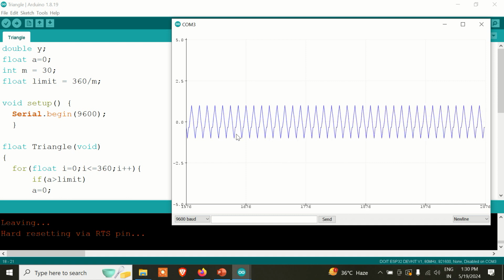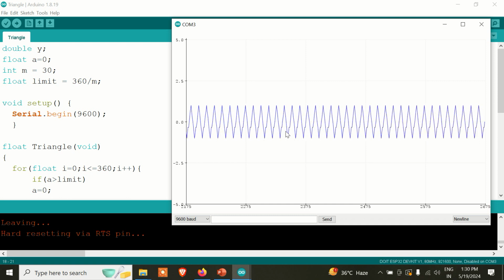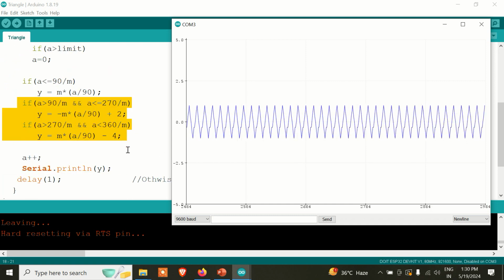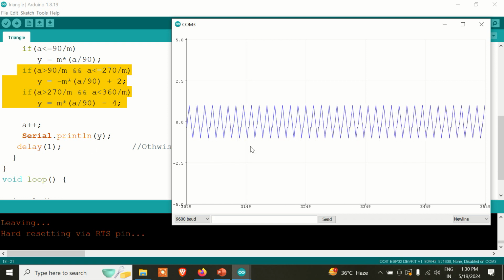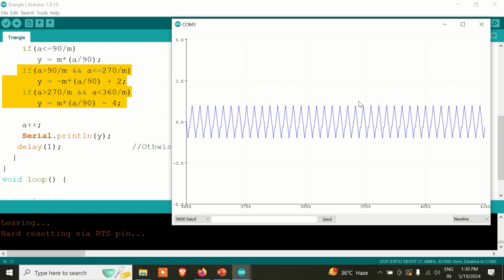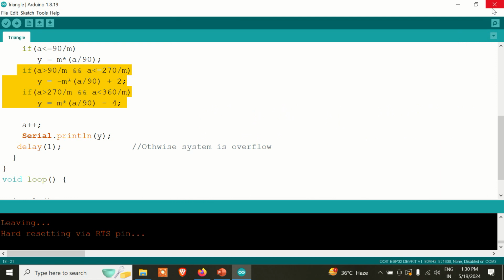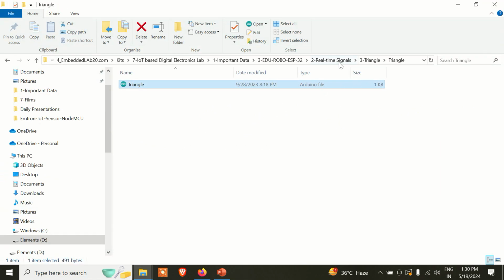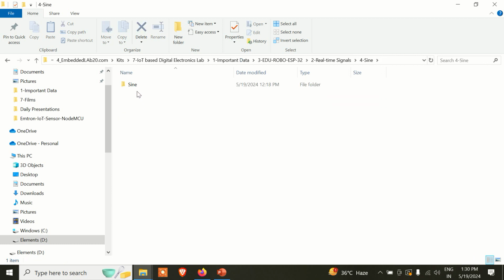So both the peaks are there, positive and negative. And the frequency of the signal, that depends on the delay which you have used in the program. Delay will decide the frequency. All right. This is a triangular waveform, a mathematical representation. Then let's see the sine waveform.